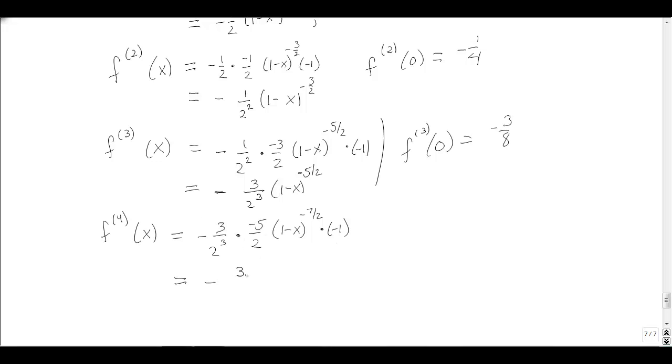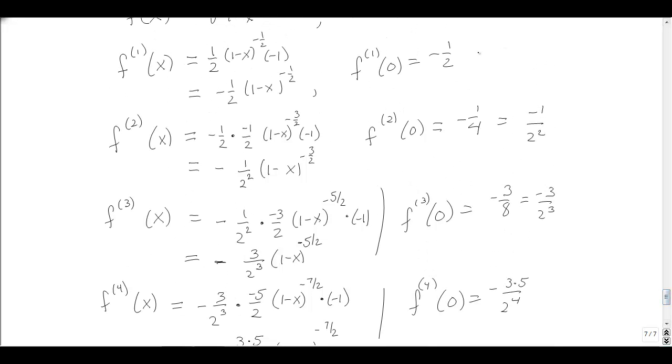I have a 3 times 5 over 2 to the 4th, 1 minus x to the negative 7 halves. And then I do a fourth derivative evaluated at 0. Essentially, that's going to be a negative 3 times 5 over 2 to the 4th here. This one is negative 3 over 2 cubed. This one is negative 1 over 2 squared here. First one is negative 1 over 2 to the first here.